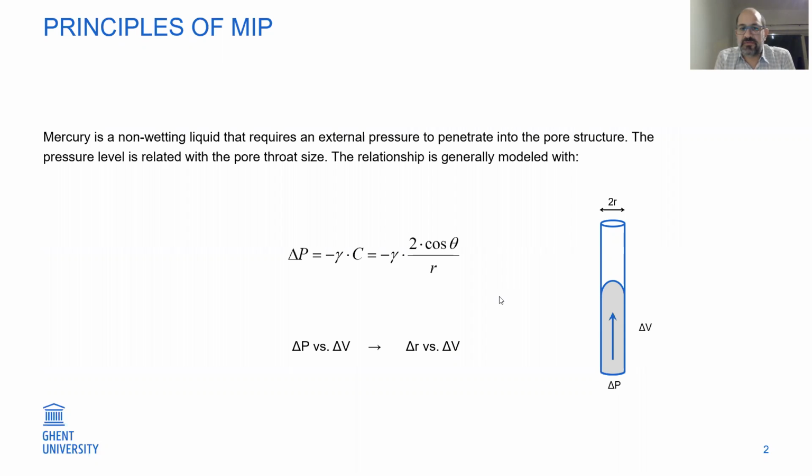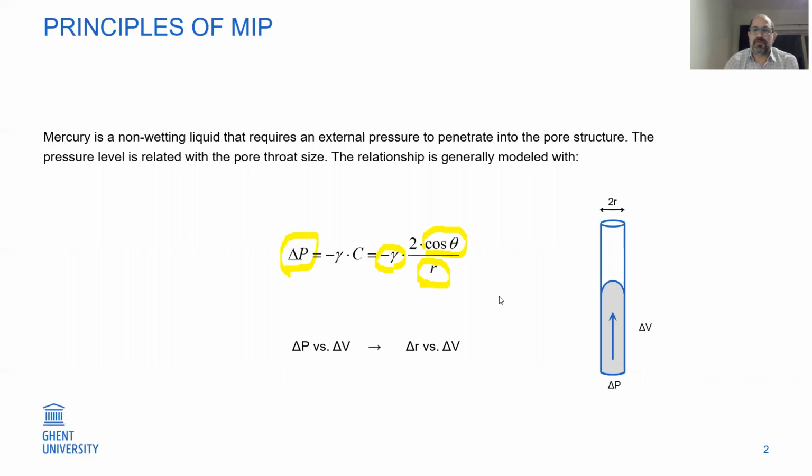The interpretation of results is generally made by considering the cylindrical shape pore model, on which the Washburn equation is based, and this equation allows us to use the applied pressure to compute the pore size distribution, or pore entry size distribution, by considering the contact angle and the surface tension of mercury.